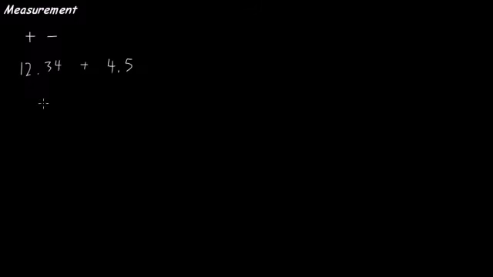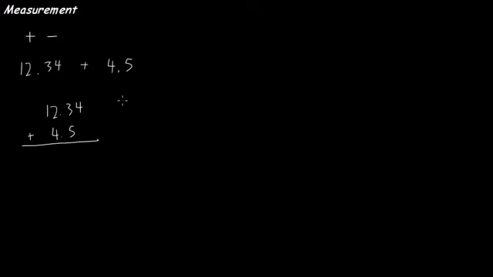But since they're already there, what we're going to do is line them up just like we did in grade school. 12.34 and 4.5. You line them up with the decimal point in a single column. And then what you do is you circle the guess digit.